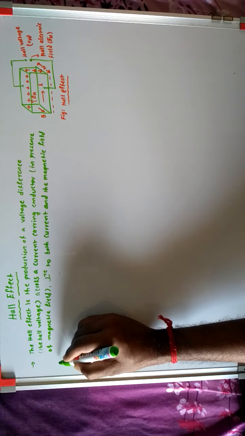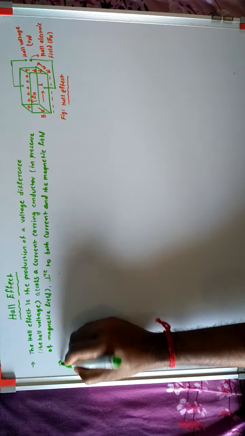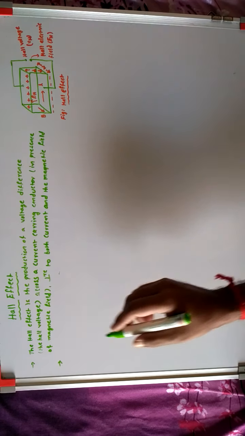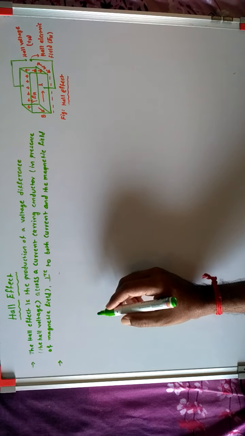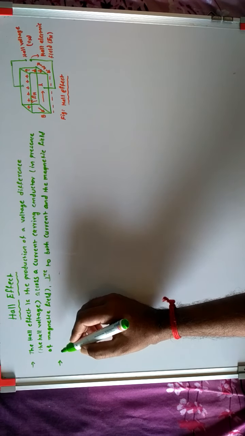Next, this established potential is the Hall voltage. The electric field is known as Hall electric field.